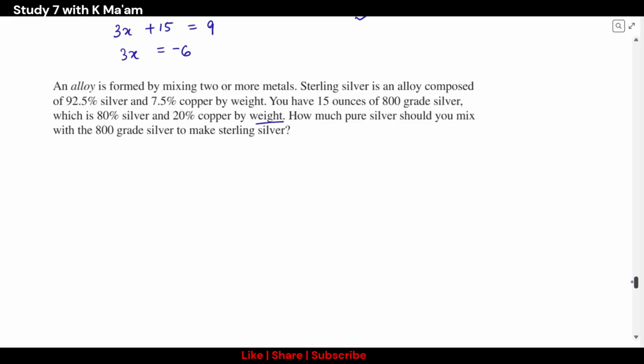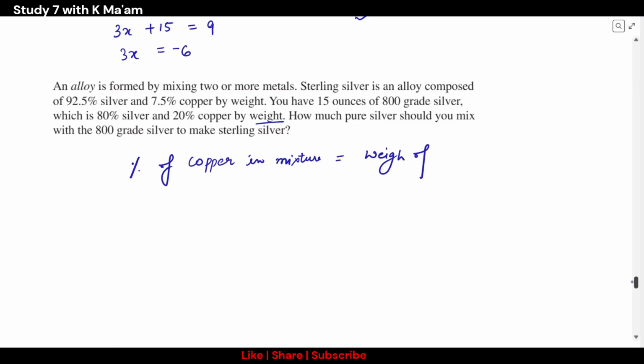So here we will find the percentage of the copper first. Percentage of copper in mixture: what will that be?